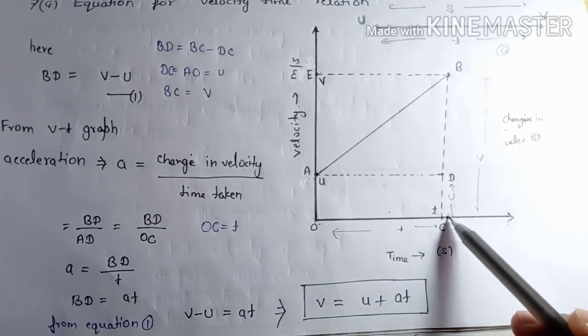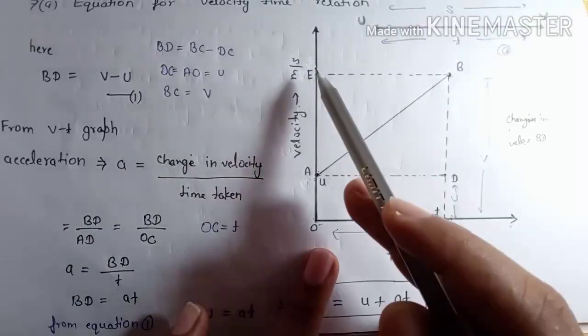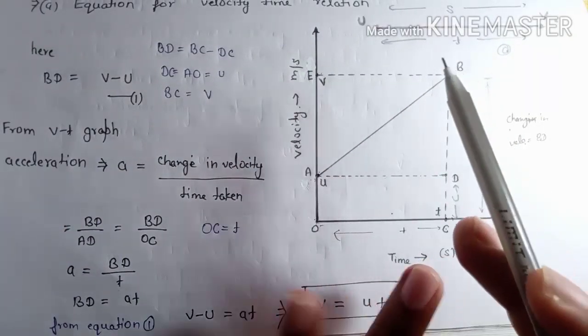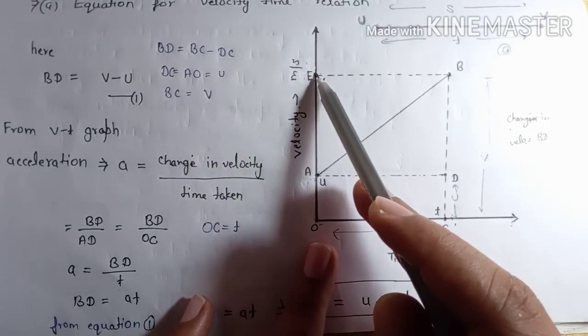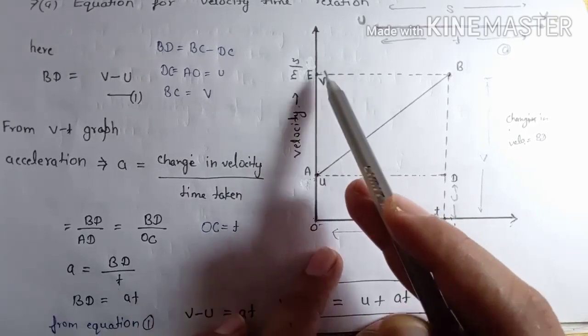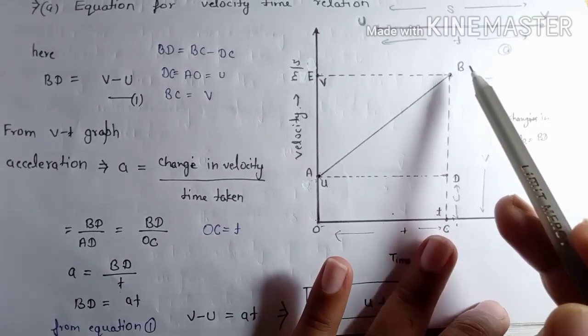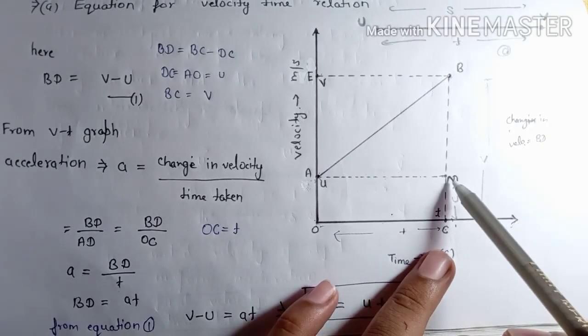Are you confused about this? This line is equal and parallel to EO. So you can consider all the values of this line segment for this line segment. If here EA is equal to V minus U, same thing is here, BD is equal to BC minus DC.